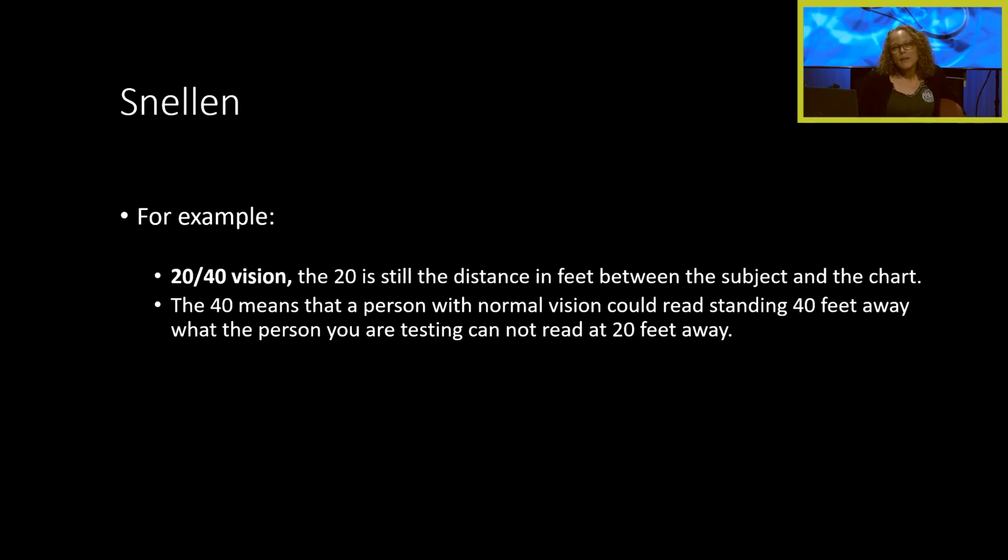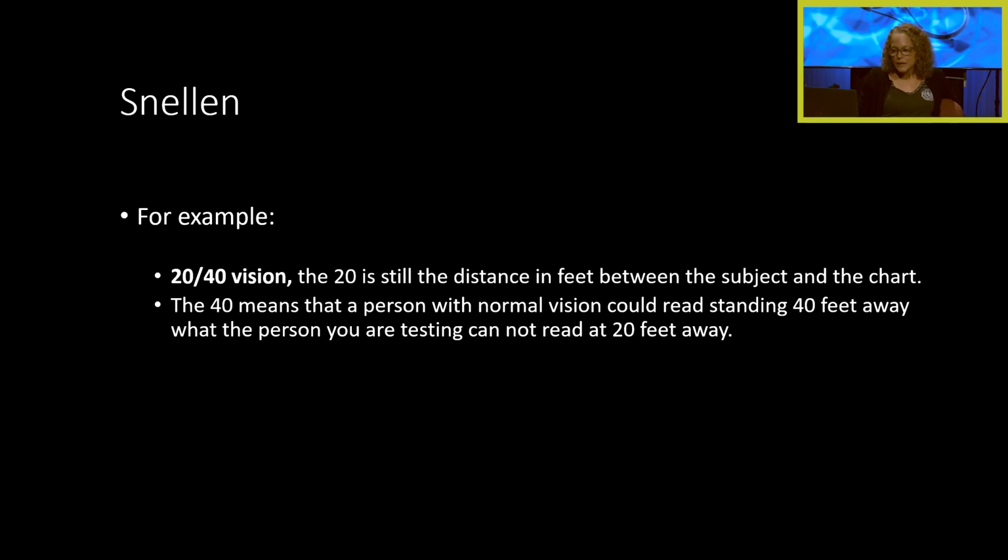In 20/40 vision, so here's an example. In 20/40 vision, the 20 is still the distance in feet that they're standing away from the chart, but the 40 means that a person with normal vision could read standing 40 feet away what the person that you're testing couldn't read at 20 feet away, okay?